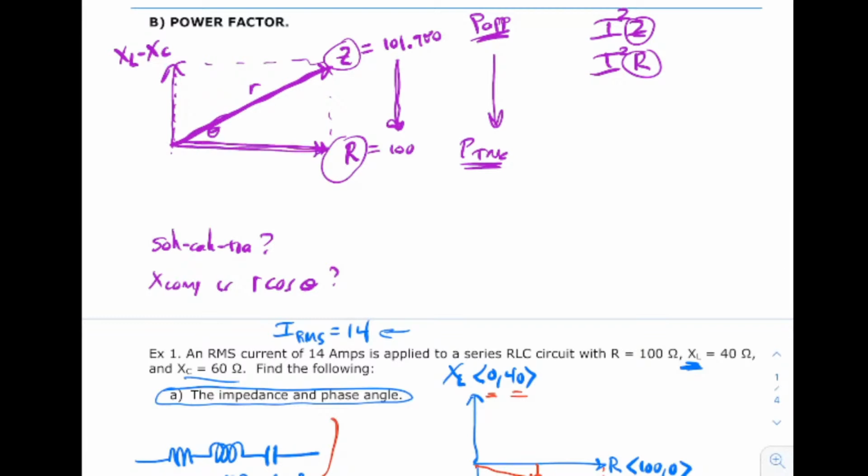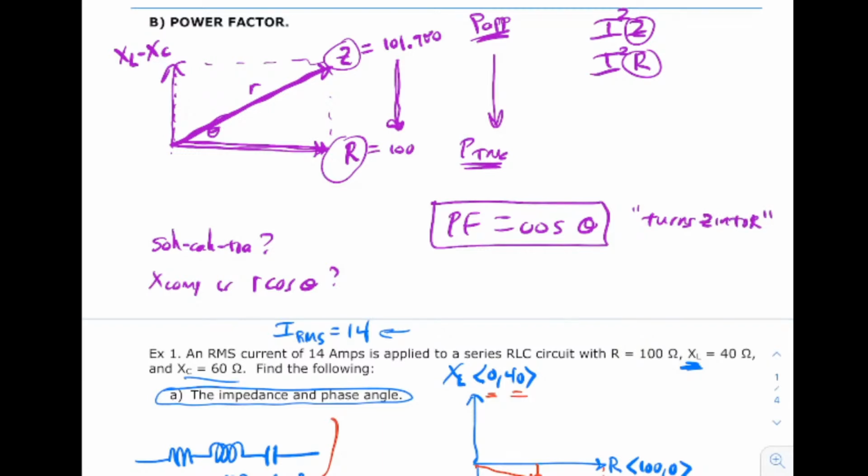So that's why it works. Power factor equals cosine of theta, and I'm going to put in quotes, turns Z into R. The effect is that for the true power, you would take the apparent power, which is based on Z, and multiply it by a power factor to base it on R instead.